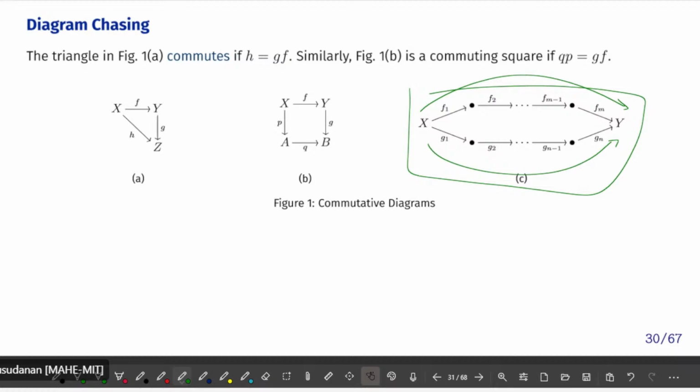Directed path. On the diagram, this part of the diagram.